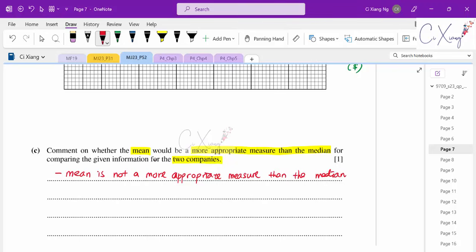Okay, and then we should tell them the reason also. So why I said that the mean is not suitable, it is because there is an extreme value, which is 3,090, in company B.